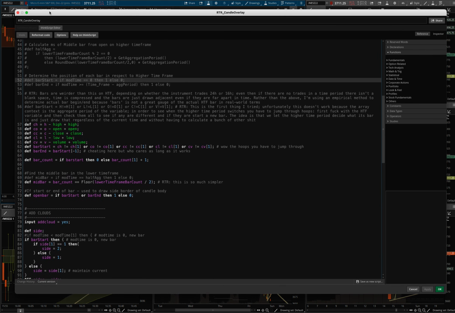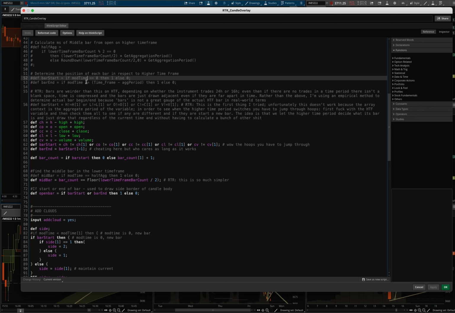That just didn't work on the higher time frames, because it was a different and sometimes random number for how they would draw the candles and where they would draw them from, because the start of day is going to be different for different equities and indexes.